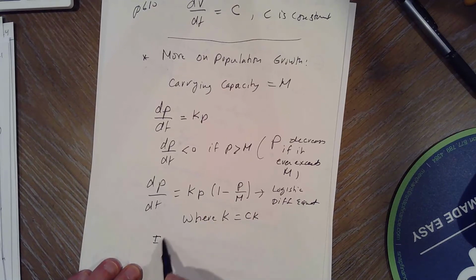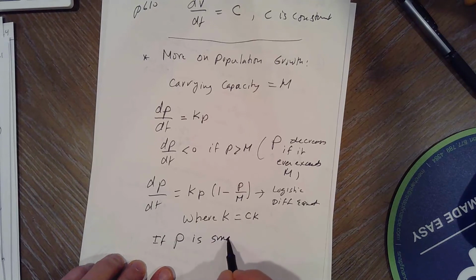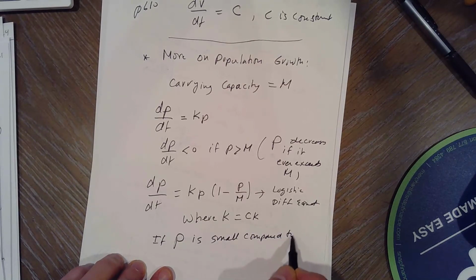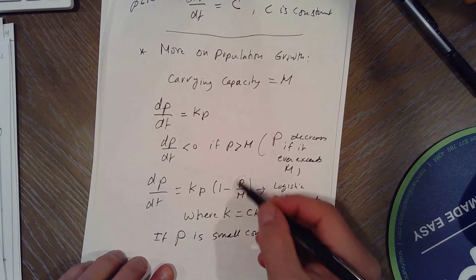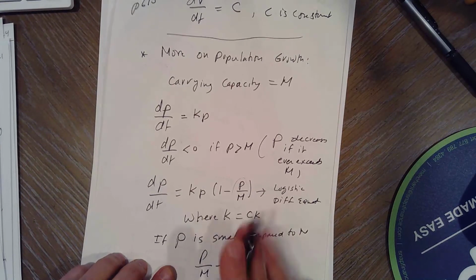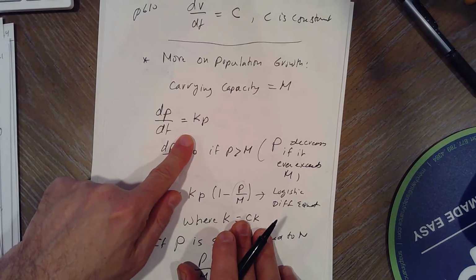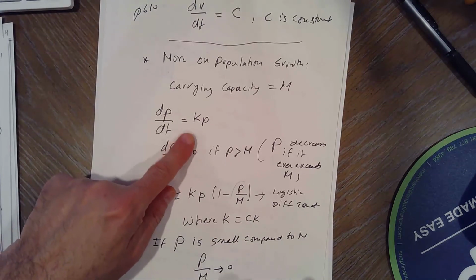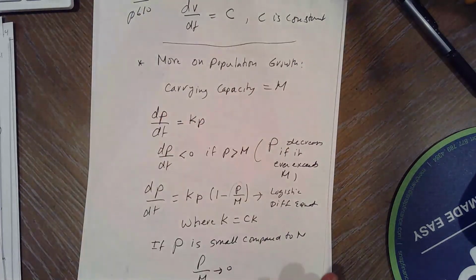If p, the population, is small compared to m, so p over m goes to 0, we go back to the original case where there's no carrying capacity.